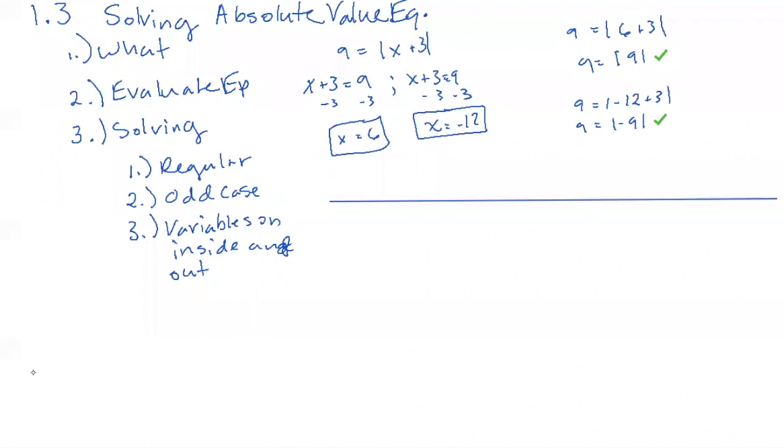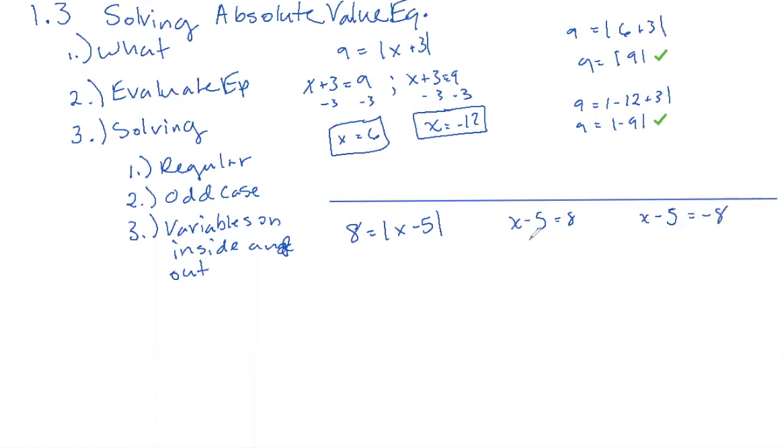Now the second problem that I want to do, we have 8 equals the absolute value of x minus 5. And once again, we've got the two cases. Case one is that you have x minus 5 equals 8, or you have x minus 5 equals negative 8.